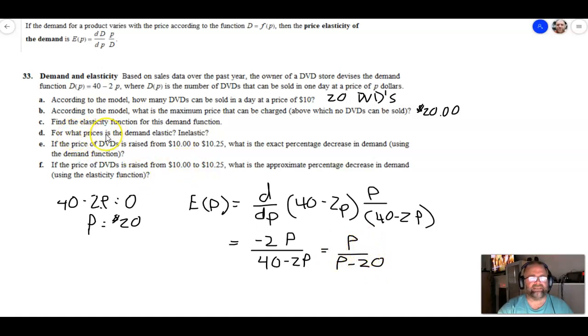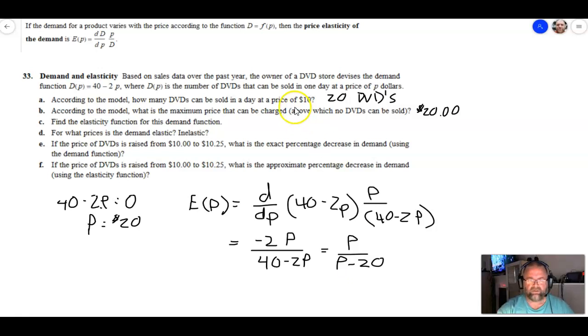For what prices is the demand elastic or inelastic? So remember, -1 is our stopping point between being elastic and being inelastic.